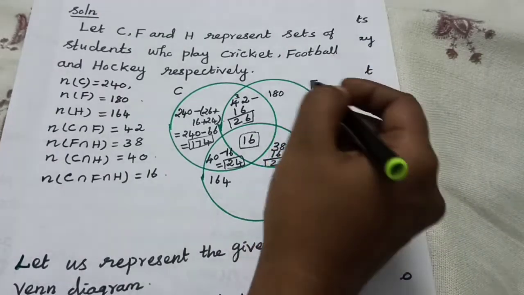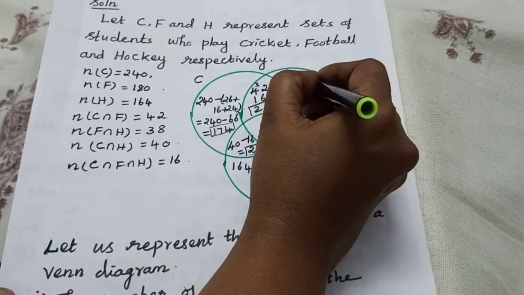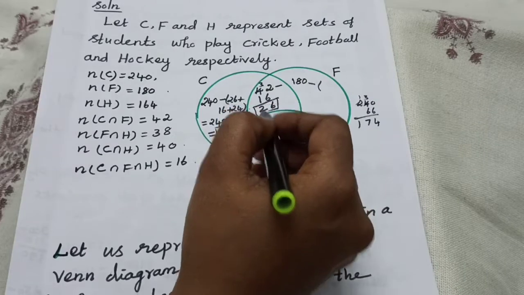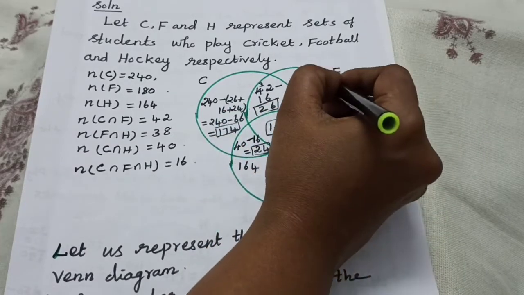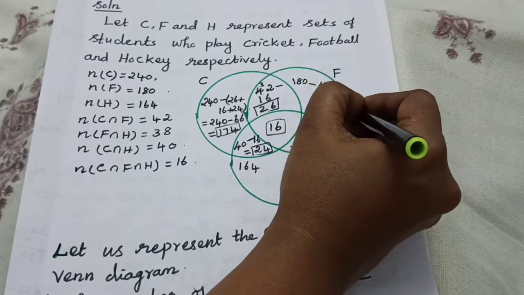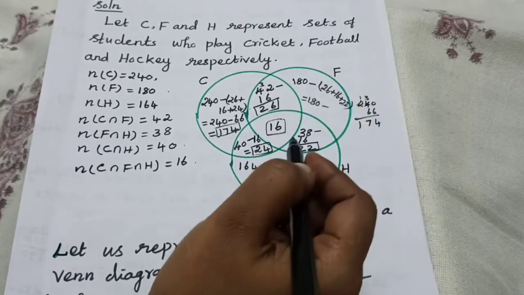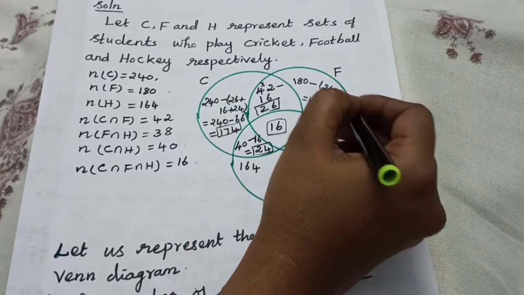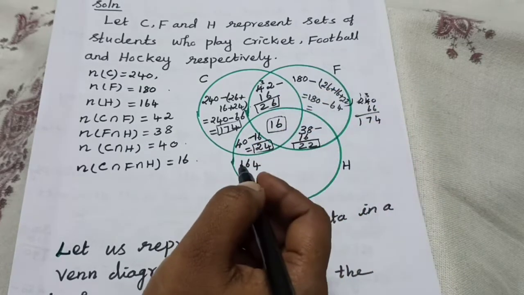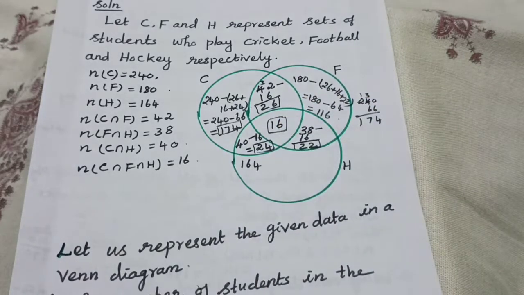Like that, only football also we have to find. Then this one also we have to put the balls. Then only football, how can we find? 180 minus this 3 added. 26 plus 16 plus 22 equals 64. 180 minus 64 is 116.